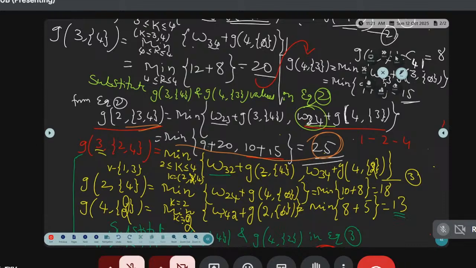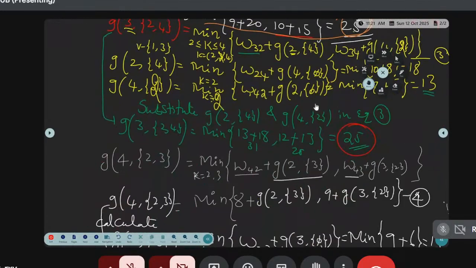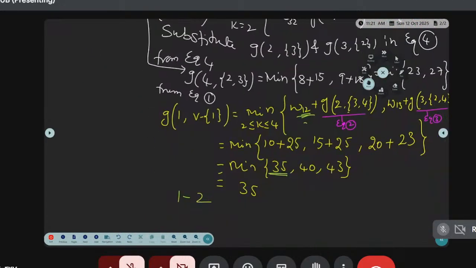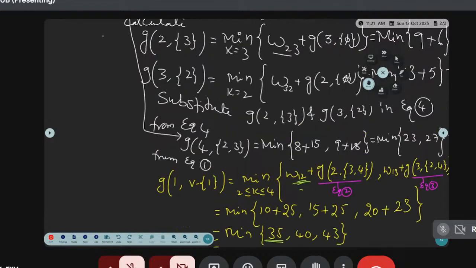from where do we have to go? W24 says, what is the meaning? 2 to 4. Right? 2 to 4, okay. But here how is it 25?